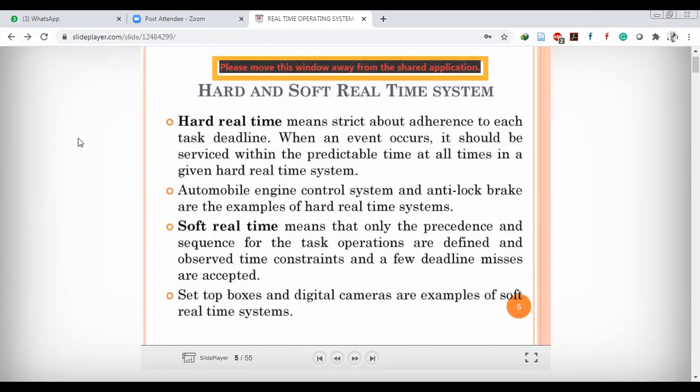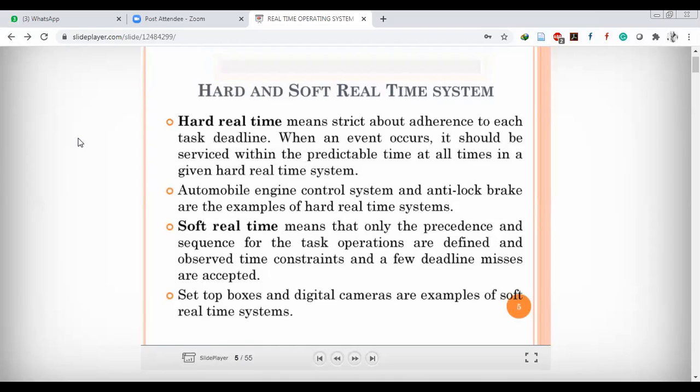The best example is the automobile engine control, where earlier we explained the same concept with flight control. Here the automobile engine control system and anti-lock brake are examples of hard real-time systems.